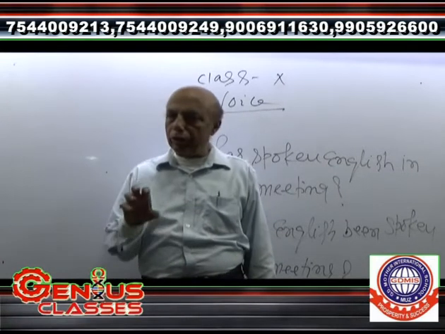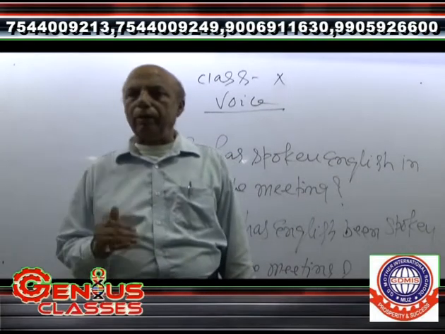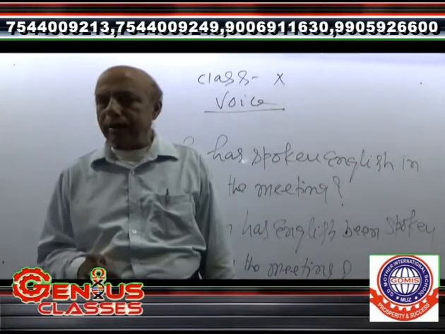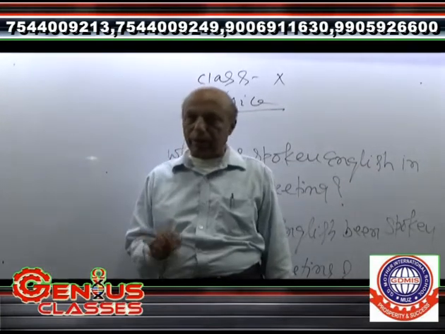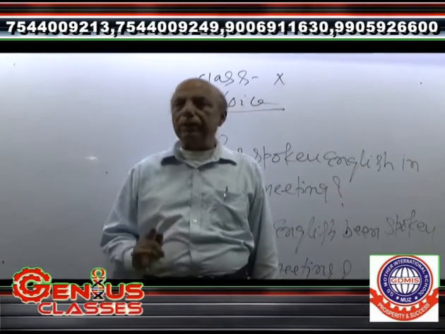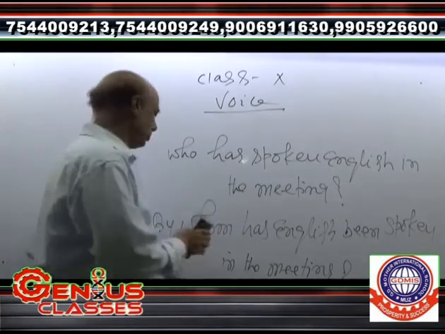When the mood is a request, at that time it is made with the help of should be, and when it is for the purpose of suggestion or command, at that time it is changed from active into passive with the help of let. I am going to write down the examples.